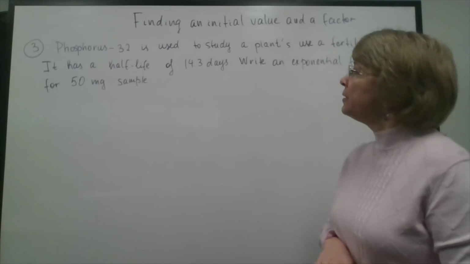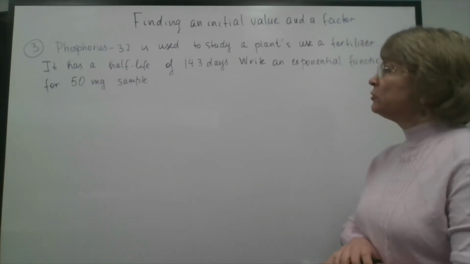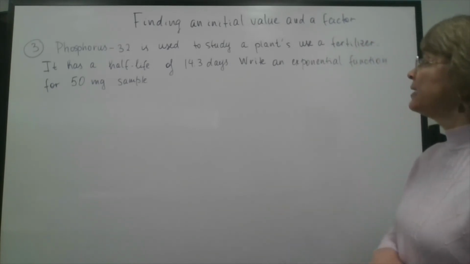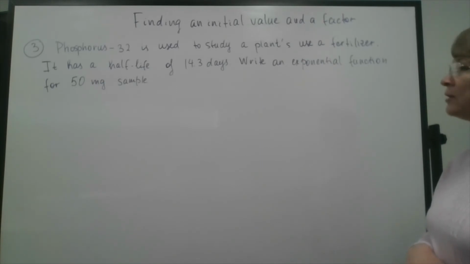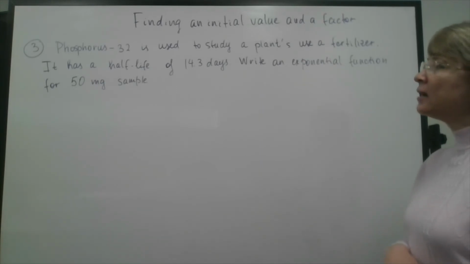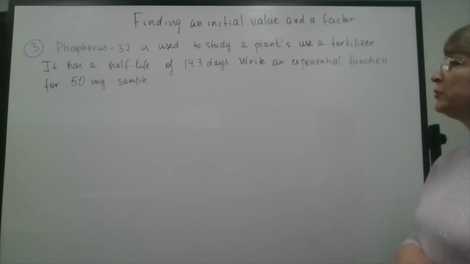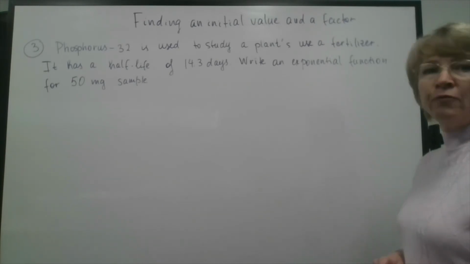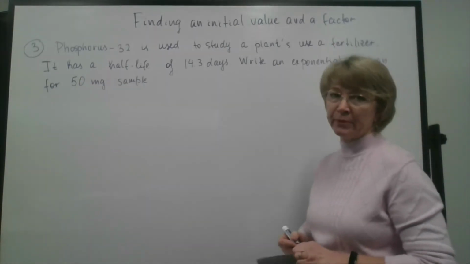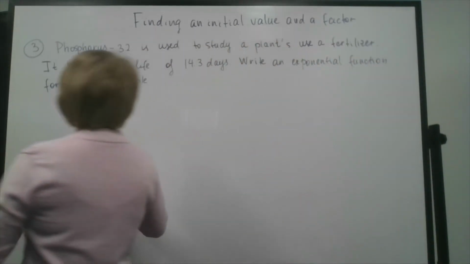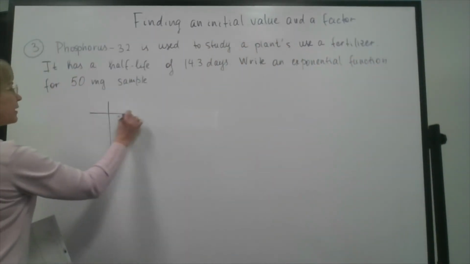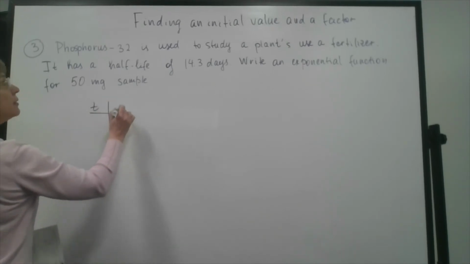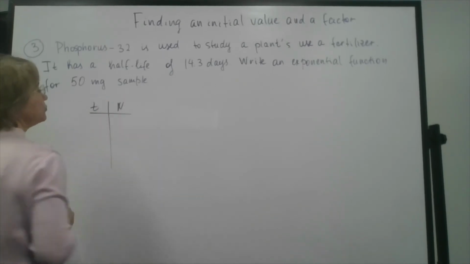This is the last problem. Phosphorus-32 is used to study a plant's use of fertilizer. It has a half-life of 14.3 days. Write an exponential function for a 50 milligram sample. Again, let's make a table. Time and amount.